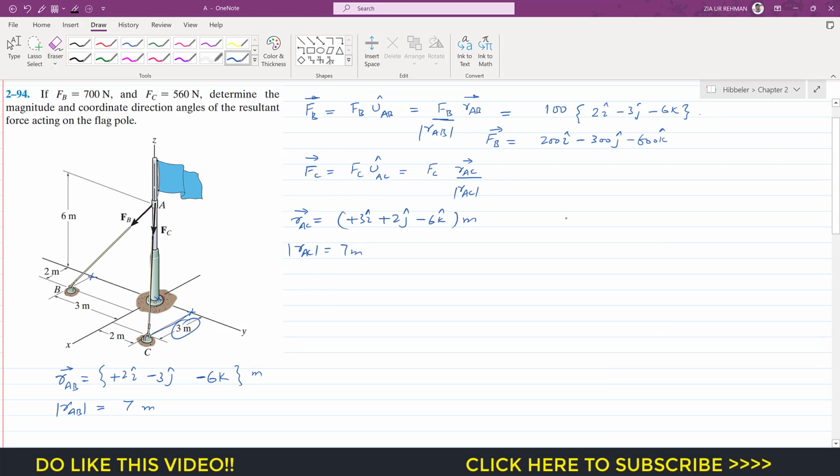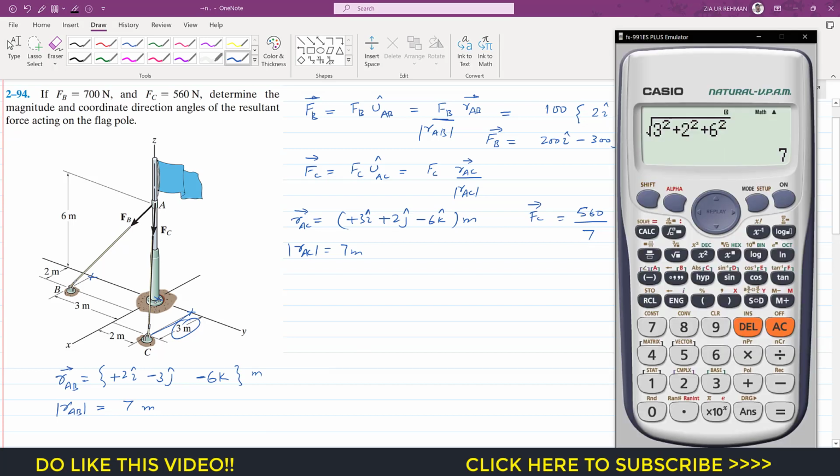So now I can write that FC Cartesian vector. So I can write this as FC divided by this magnitude. So FC magnitude is 560 divided by 7, this is AC, into the position vector, which is 3i plus 2j minus 6k.